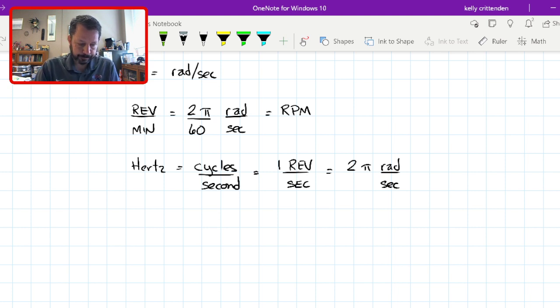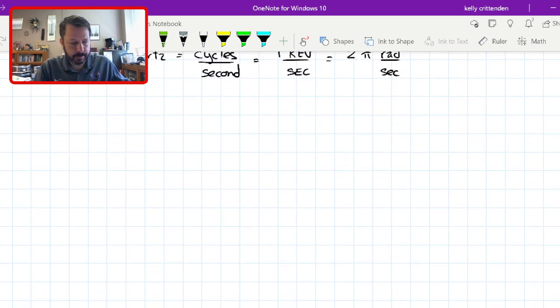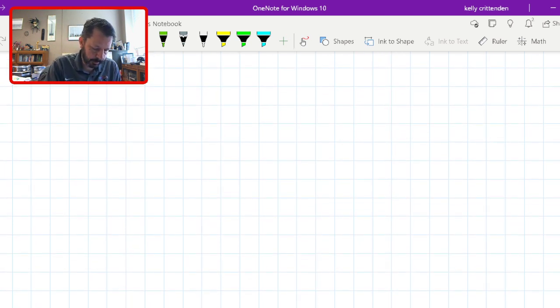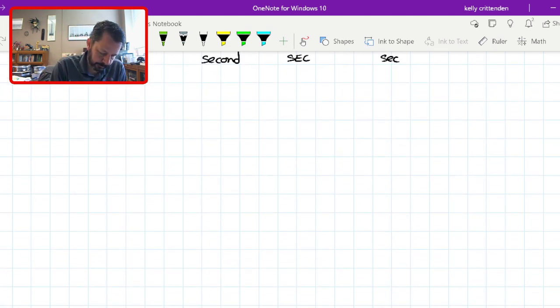All right. So let's do a little example here of what this might look like if we put it in context of an actual problem to solve. So let's just say that we're given a little motor.